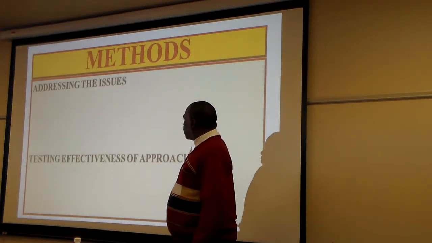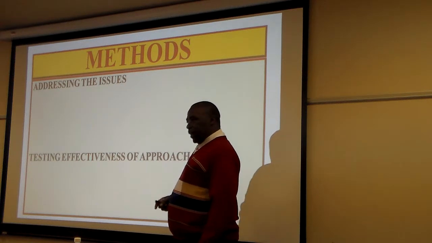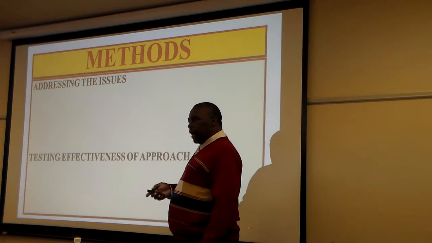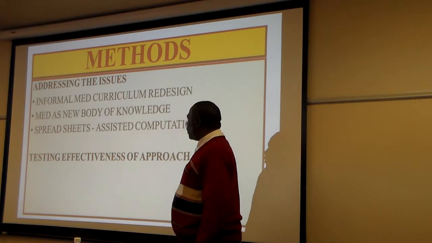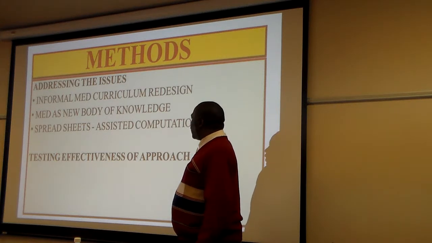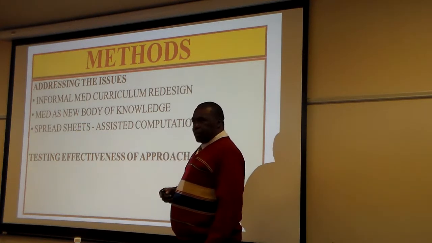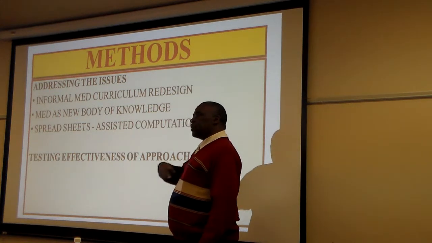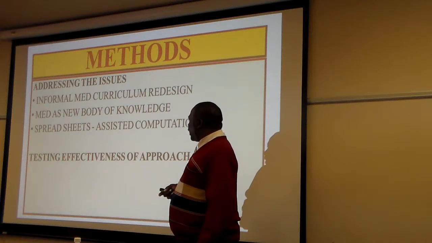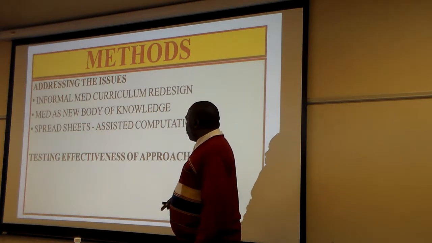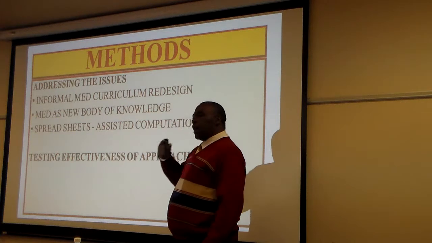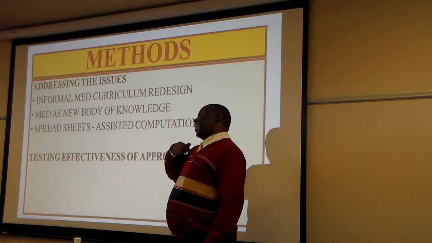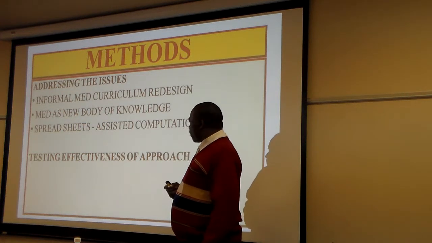Methods. I'll show you methods in these two areas: how I address the issues and how I measured the effectiveness. On the issues, the curriculum was informally redesigned, that is, on my own initiative. Secondly, engineering design was reintroduced to the students as a new body of knowledge, not just an extension of engineering science.